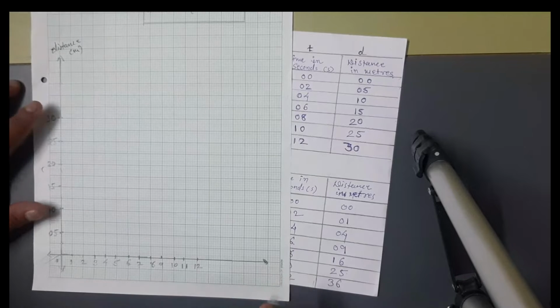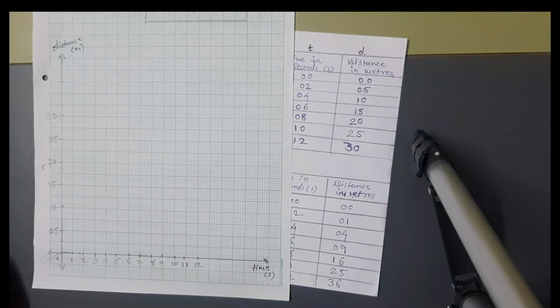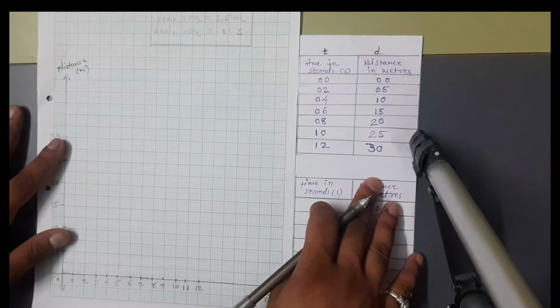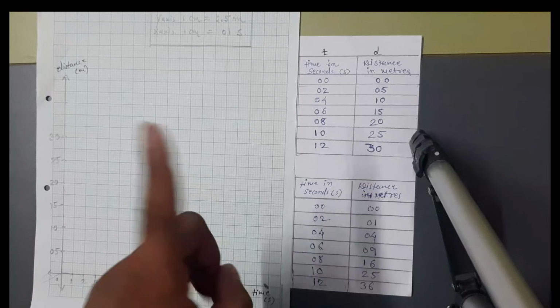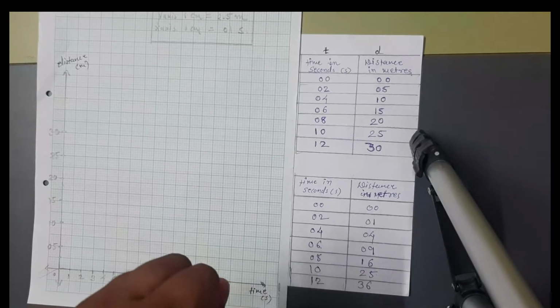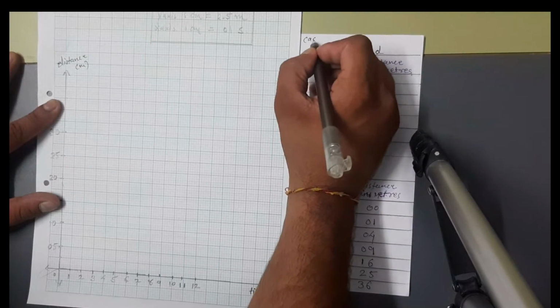On the x-axis we will have time, that is in second. From the given data let's try to plot the graph and understand which type of motion is called uniform motion and which type of motion is called non-uniform motion. So let's do for this first case.